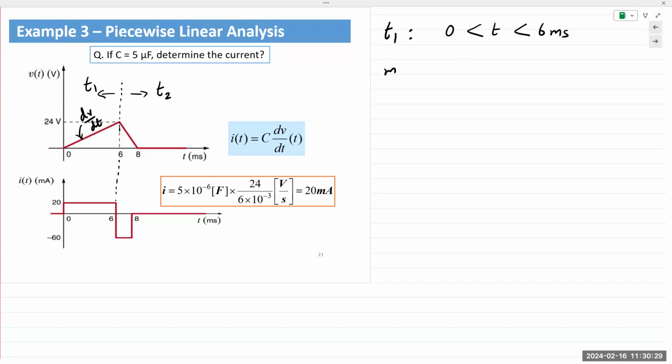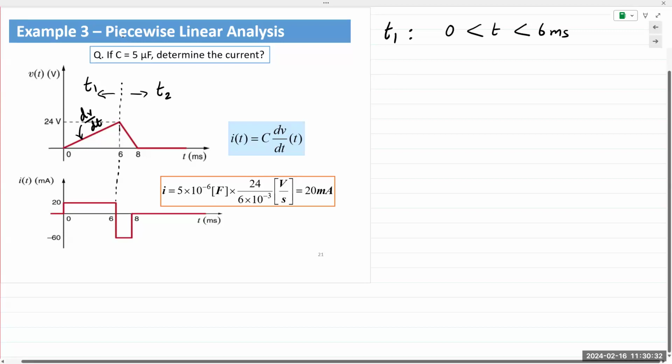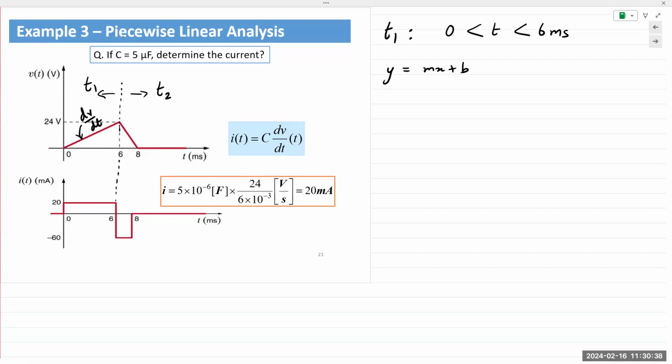A line is described by this equation: y is equal to mx plus b. m is the slope, b is the y-intercept. There are different forms and different notations used throughout the world. This is the notation that I use. I've also seen c instead of b.